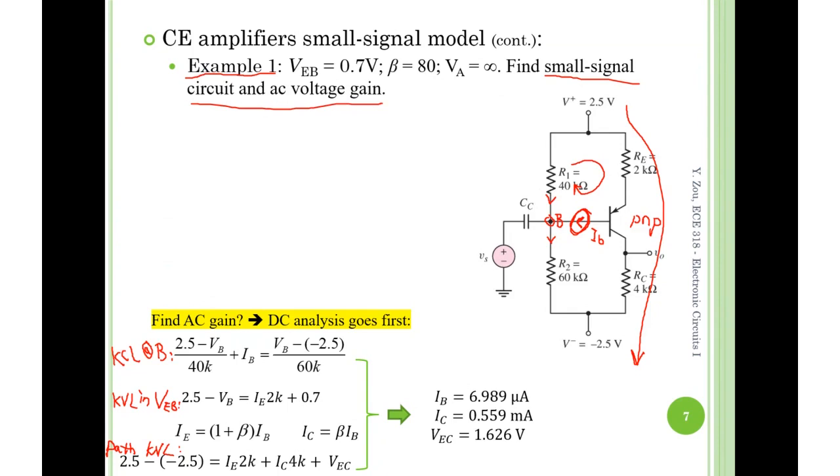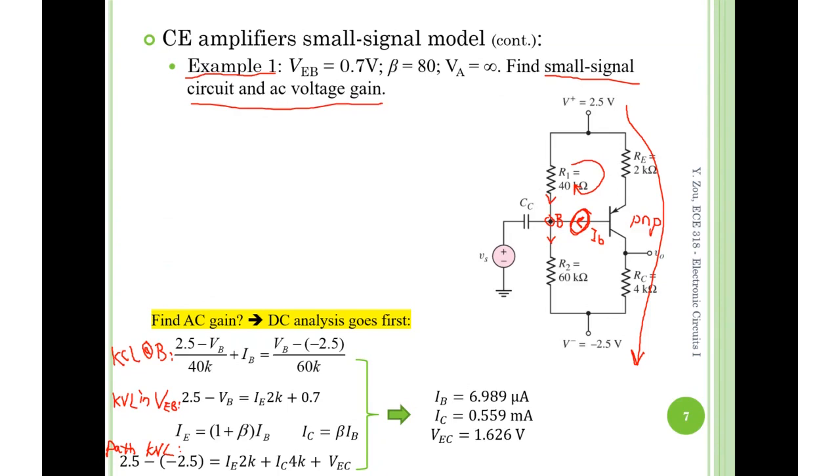Solving for IB, you just plug that in for the KCL. So you have the KVL equation, you solve for VB, and then plug VB into the KCL equation and solve for IB. I think you need to do some substitution because there's no equation involving only one single unknown, right? Yep, that makes sense.